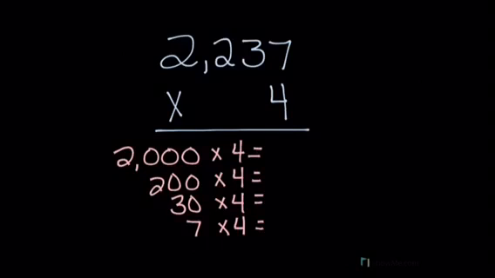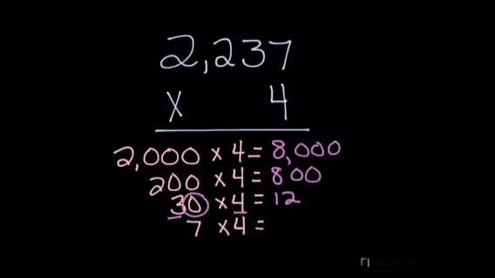I know 2,000 times 4, we just did that, it's 8,000. 200 times 4, I also just did, which is 800. Now I have 30 times 4. I know 3 times 4 is 12, but this is really 30, so I have my 0. So it's 120. And 7 times 4 is a math fact that I should know, and that's 28.